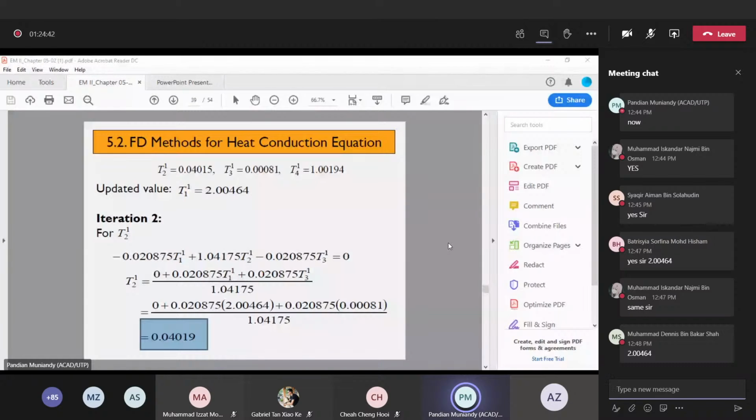0.04019. Yeah. Anyone else? Chia, are you there? Yes, please, Chia. Go ahead, Chia. We are waiting for you. Chia Cheng, could you verify 0.04019?